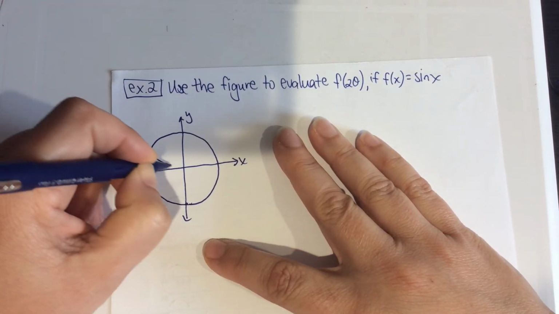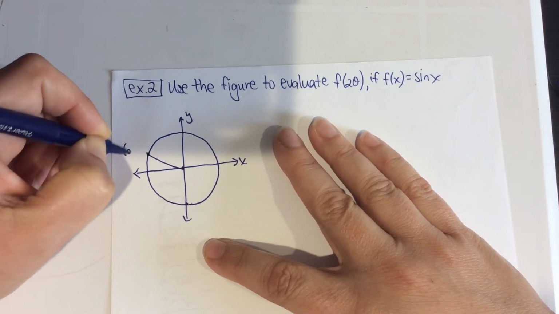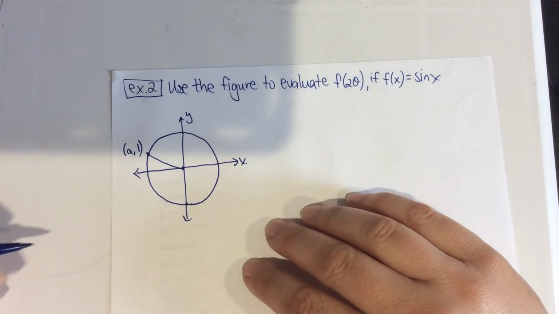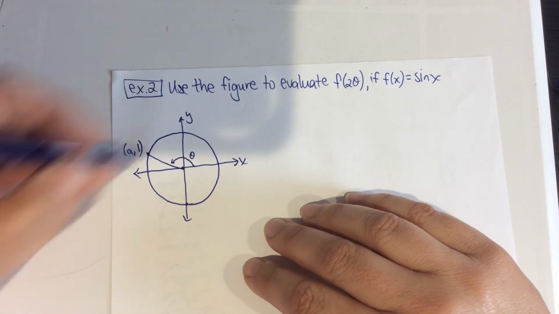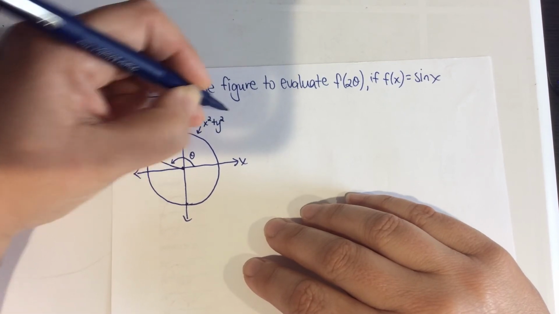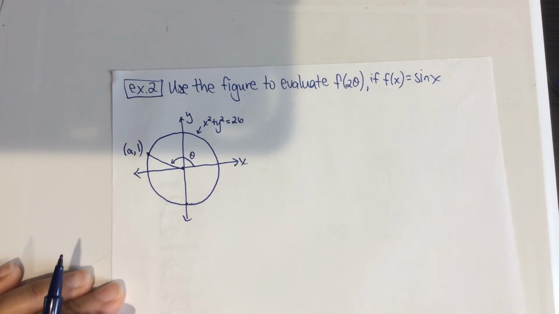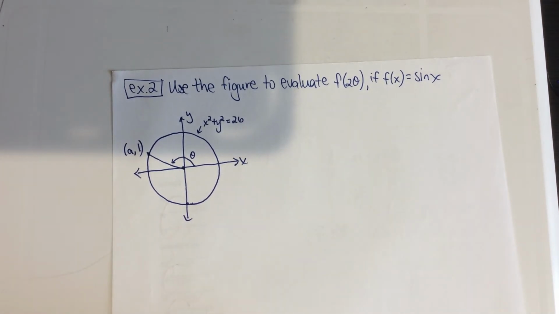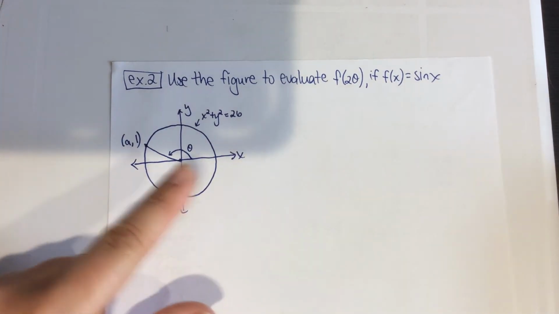All right, so we have this triangle that's created, and the ordered pair is a comma 1. This is my angle theta. And the formula, the equation for the circle is also given. Okay? So I want to think about this theta, and I'm going to use that to find sine of 2 theta.